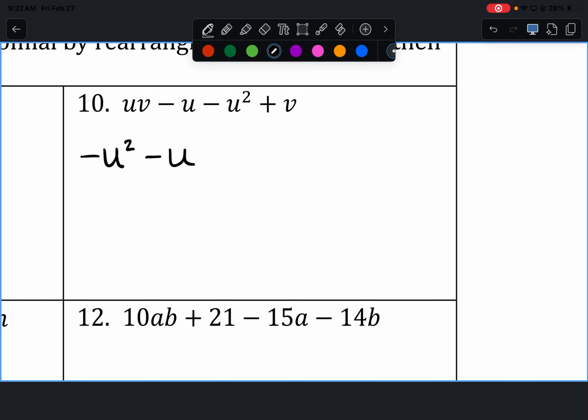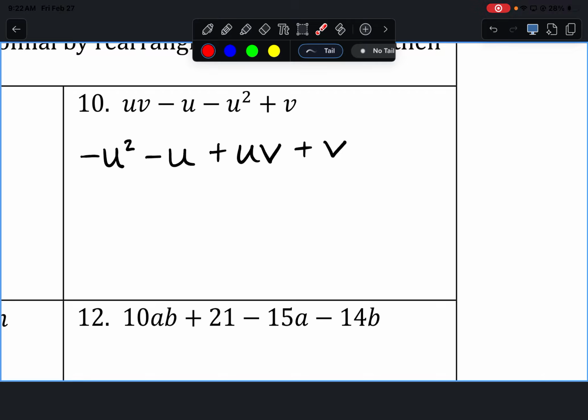Negative u. Okay, then we're going to do positive what? Then plus v. Part of the reason we need to do that is because, does u and v have anything in common I could take out? No. So when we rearrange it, we're rearranging it so that we can actually factor it.